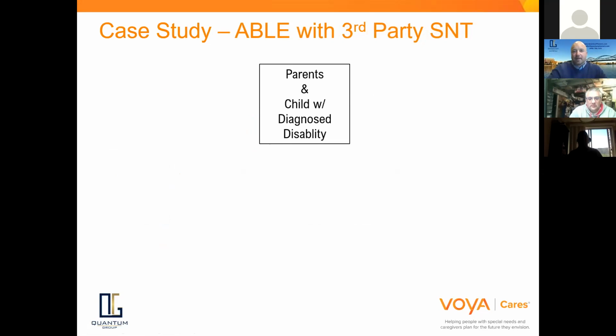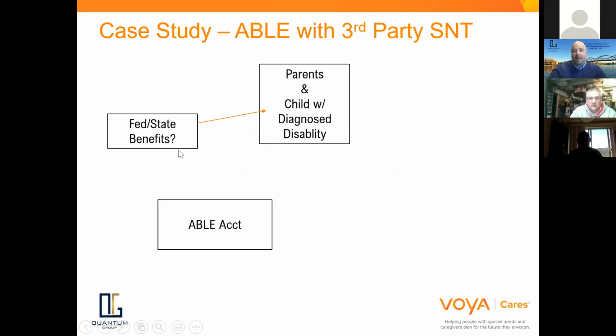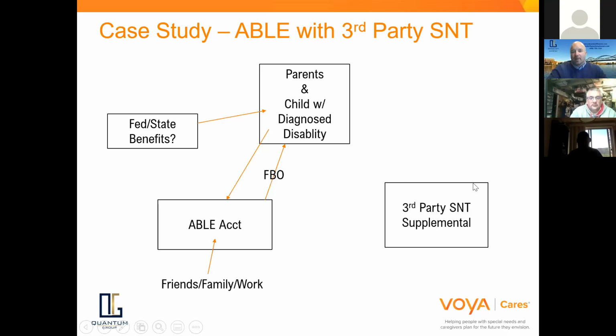One is we have a parent. It's important to understand trusts. We have parents with a child with a diagnosed disability. They're receiving state and federal benefits. They have an ABLE account where they are contributing with family and work that then is used for the benefit of the child. They also can set up a third-party special needs trust with a company like WISPACT or with an independent person. The parents can put money into the trust for the benefit of the child, as can friends and family.